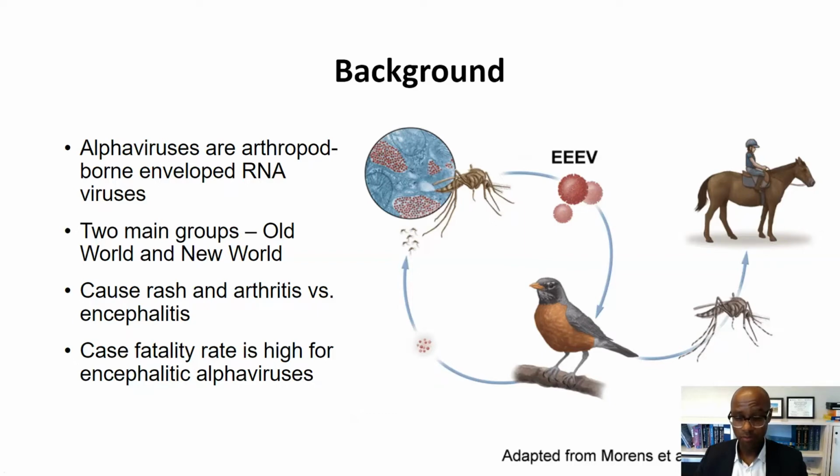But then when a bridge vector, shown on the right part of the slide, is able to get a blood meal from both a bird and then a dead-end host, including humans or horses, this is where you get highly lethal disease. And I should note that there are actually no vaccines or drugs against alphavirus infection.